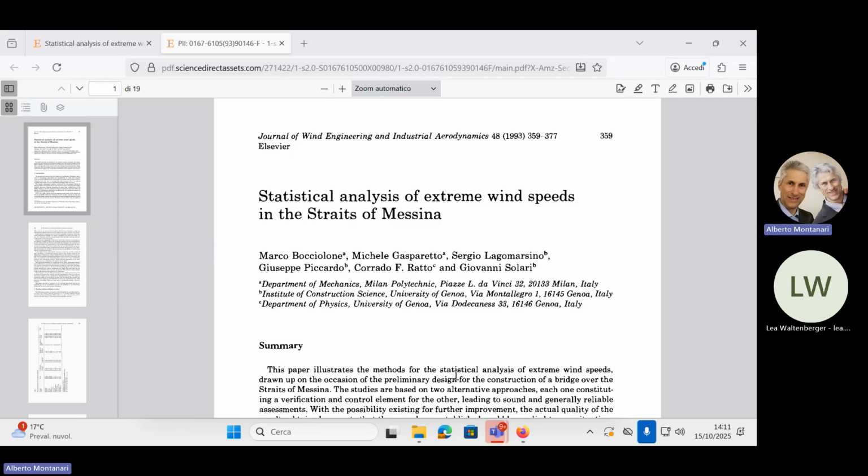Reading scientific papers, I believe, is an important skill that you should acquire, not only when dealing with climate change, but also when dealing with modern new technologies, or technologies in general.